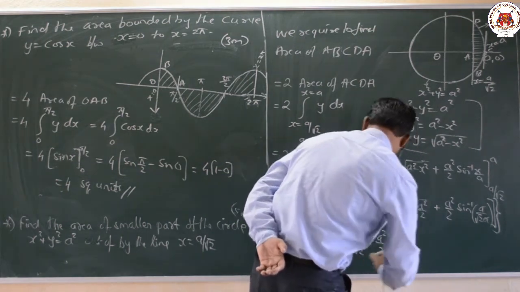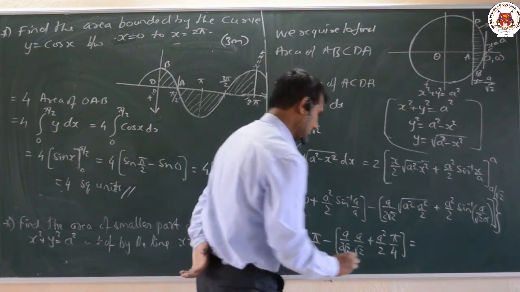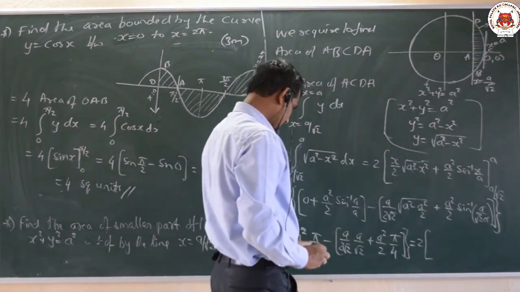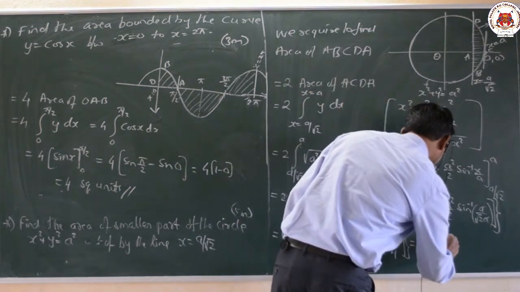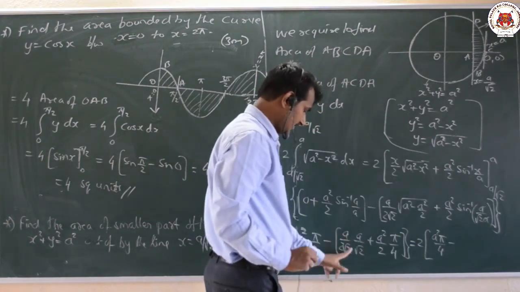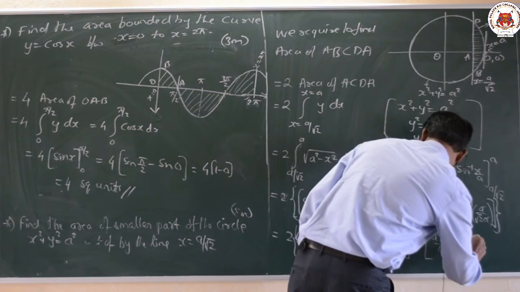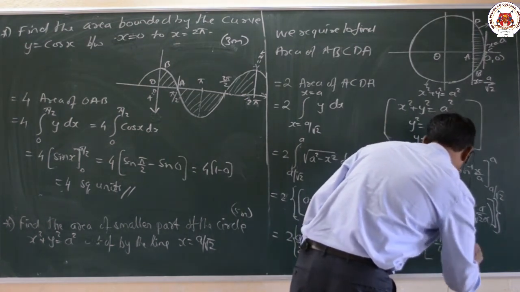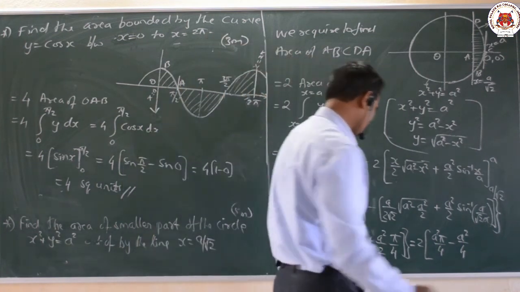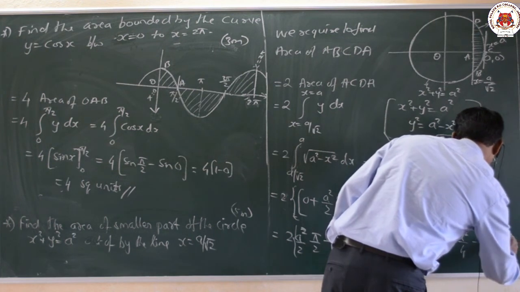Now we are multiplying by 2 throughout, so I will substitute it: a square pi by 4 minus a square by 4, which is 2 into 2, 4, that is a square by 4, minus a square pi divided by 8.